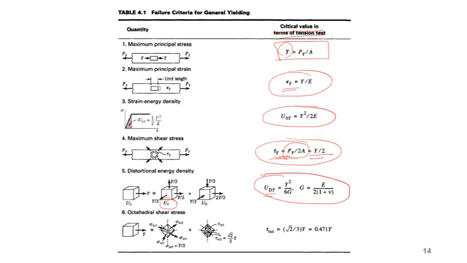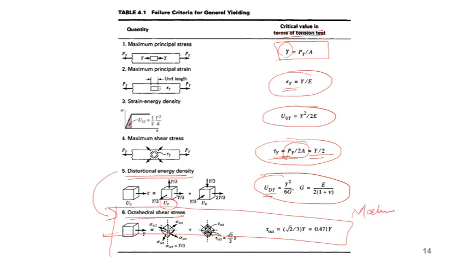Distortion is a change in angle; the shape is distorted. Another form of the distortion energy density is the octahedral shear stress criteria, but we are not discussing that. You will discuss it later in your mechanics of solids 2 course.